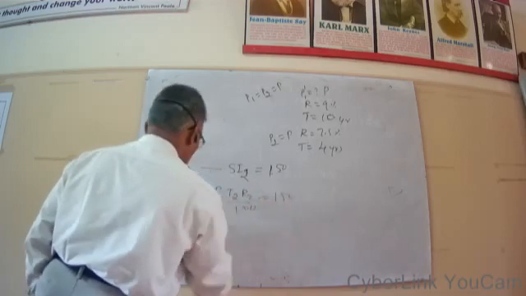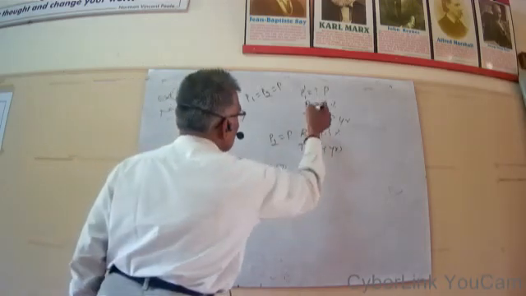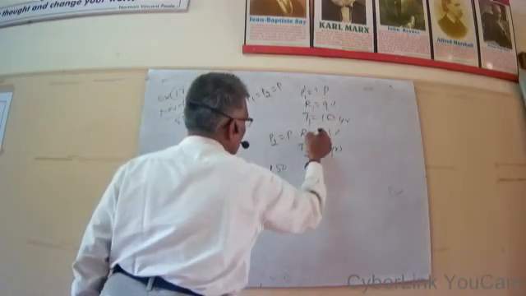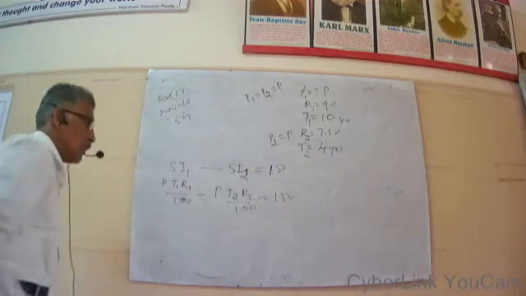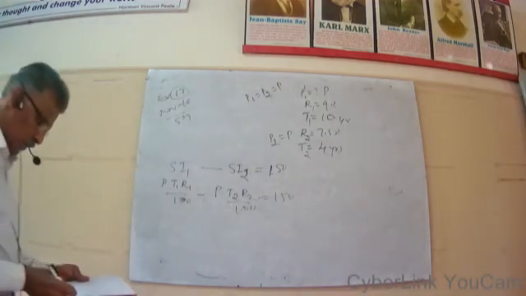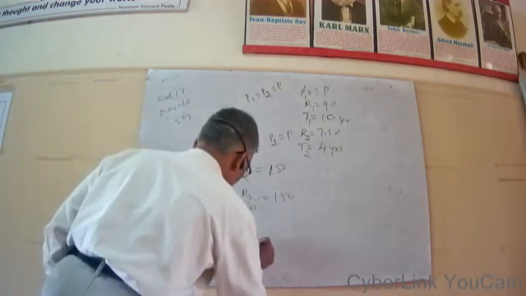Solve this. T1 is known, R1 is known, this is T2, this is T1, this is R1, this is R2. Substitute the values, simplify and get the answer. So the answer is 250. P equal to 250.